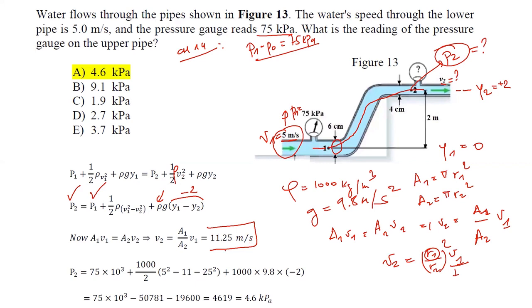So I know everything. I know P1, of course, in SI unit in Pascal. Half rho, I know rho, 1,000, times V1 square minus V2 square. And by the way, V2, you see, this is a mistake. It's 11.25. And this happens very frequently sometimes. There are typos, but now you are mature.